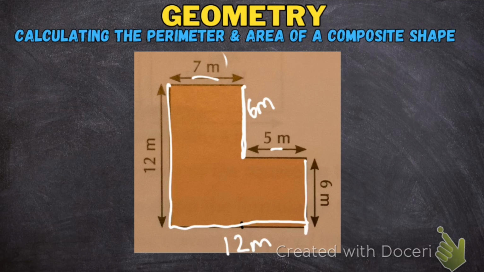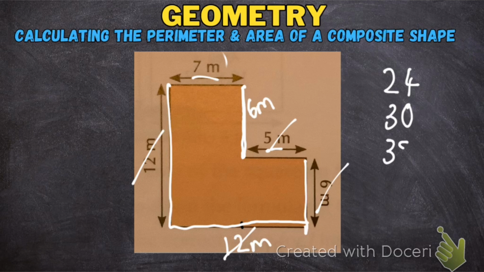So now I can calculate the whole perimeter, which is going to be 12 add 12 is 24, add 6 makes 30, 35, 41, 48 meters, and that is the perimeter.